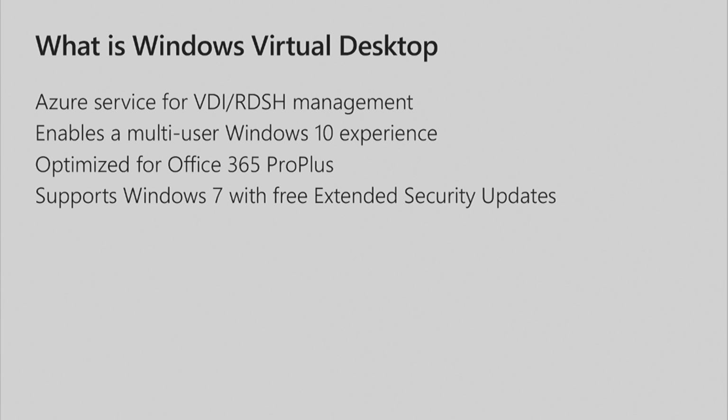Microsoft will offer a paid offering. So if you're using Windows 7 on-prem, you can also buy 3 years of extended security updates. But if you upload that to Azure, and use it as part of Windows Virtual Desktop, those updates will be free of charge. Now, you do pay for the CPU and the storage that you consume on Azure, but that's a separate topic.